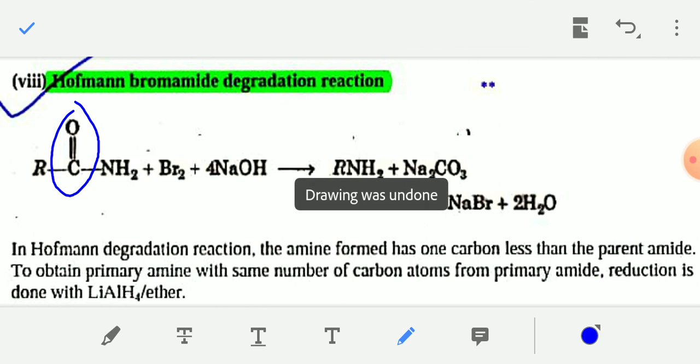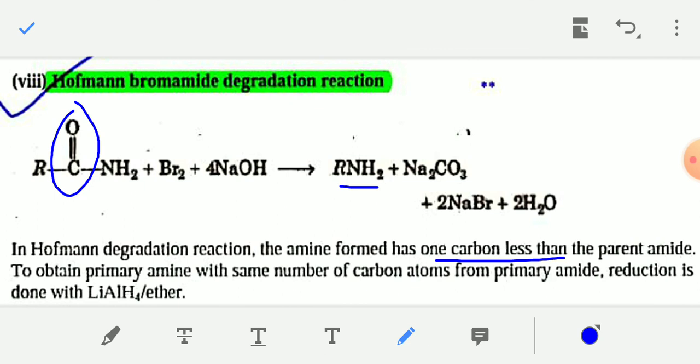The reagent in this reaction is Br2 in NaOH. So in Hofmann degradation reaction, the amine formed has 1 carbon less. You can see RCONH2 becomes RNH2, so 1 carbon less than the parent amide.